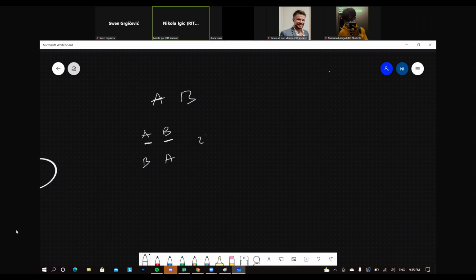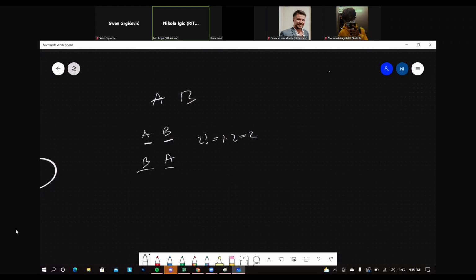Okay. I have A, B, C, D. And I have 1, 2, 3. Okay, let's go with an even smaller number. I have A and B. In how many ways can I put them here? I can put A, B, and I can put B, A, which is 2 factorial, which is 1 times 2, which is also 2.